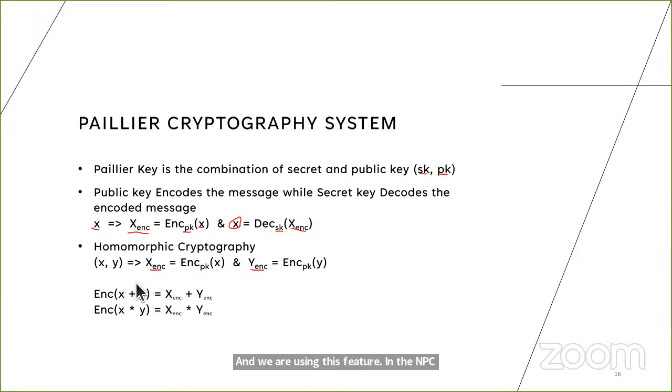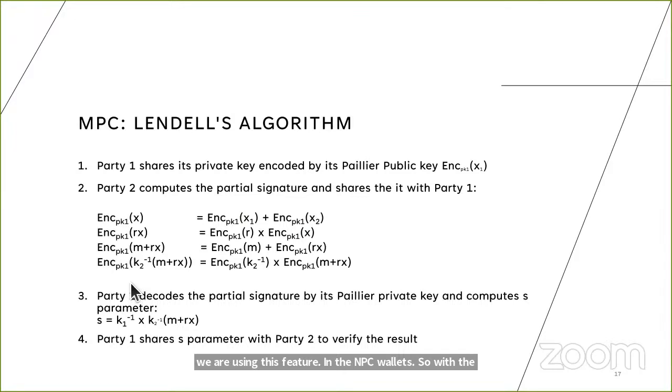So with the Paillier key, we compute the S parameter of the signature in the next step. Each party has its own Paillier key, and they share their Paillier public key with each other, but they never expose their Paillier secret key.